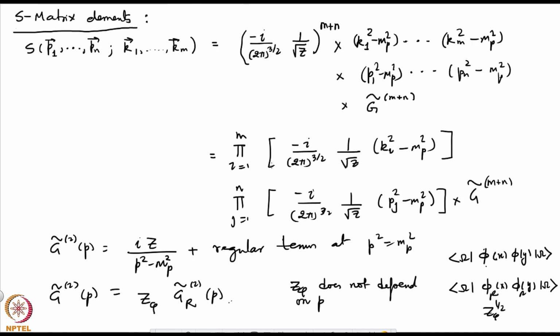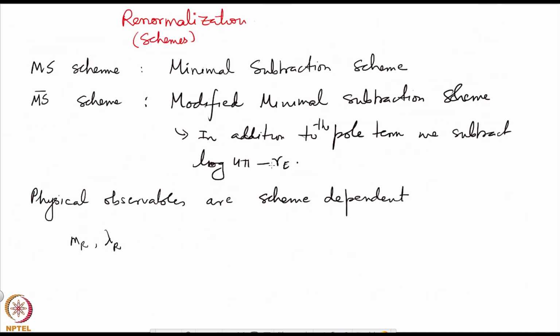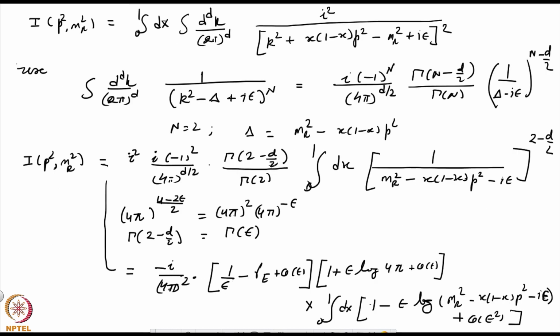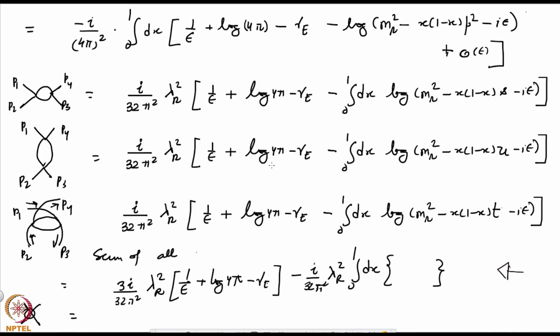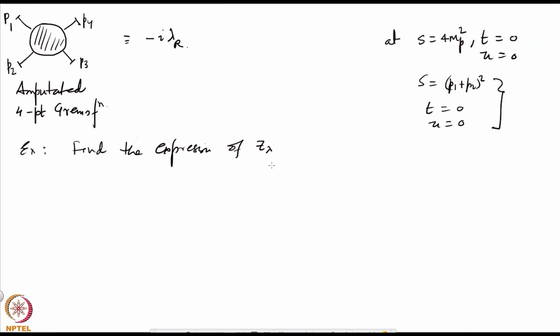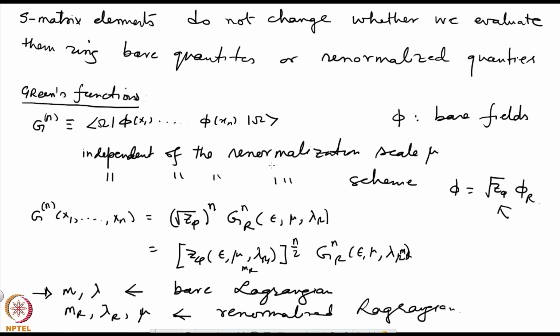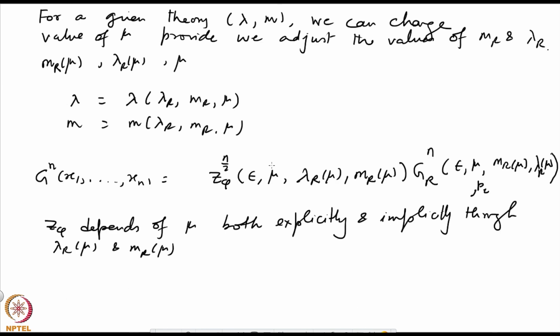Okay, let me go back and show you somewhere here. Okay, I don't think we have it here, but you see what finite parts you subtract is up to you, and any dependence on mu that you get when you are renormalizing, that also you can subtract, because mu is some finite number you have chosen, some mu dependence you can subtract.